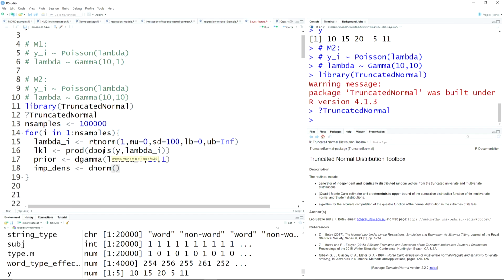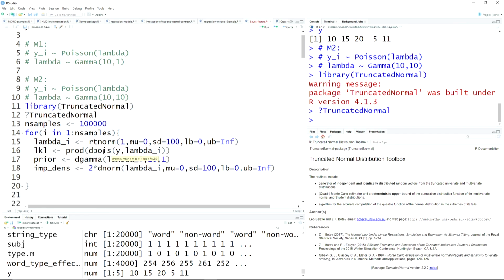So I am just using dnorm for simplicity, but you should use dtruncnorm because we want density from the truncated normal distribution. In this case, if you just divide by half, you will get the same density. So if you just multiply dnorm density of obtaining lambda i when mu is 0, SD is 100, lower bound is 0, upper bound is infinity, by 2, you will get the same thing. So everything is fine so far.